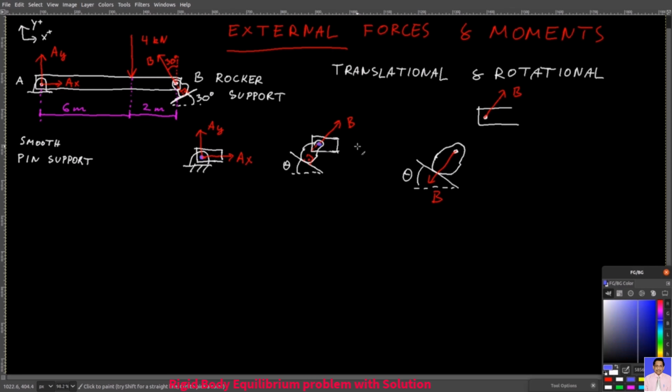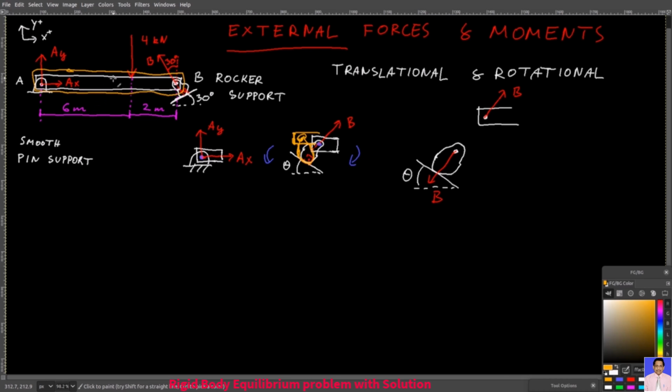You know that the rocker does not restrict rotation about this pin B. So it has the ability to adjust itself a little bit, where instead of the beam rotating about this pin B, in fact, the rocker rotates a little bit about this pin B. And it can be useful because when temperatures change, the size of your structure slightly changes.